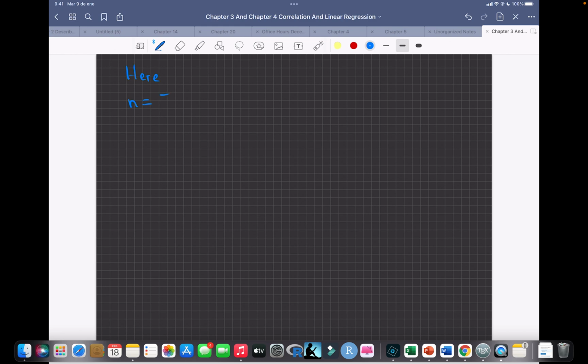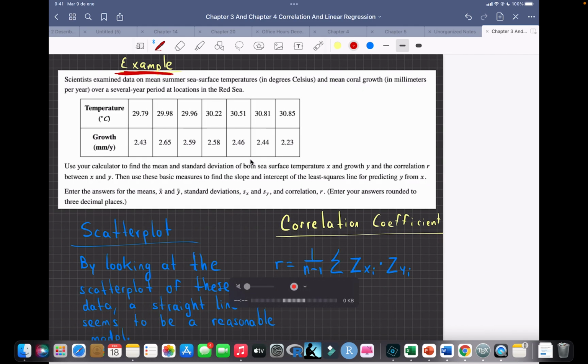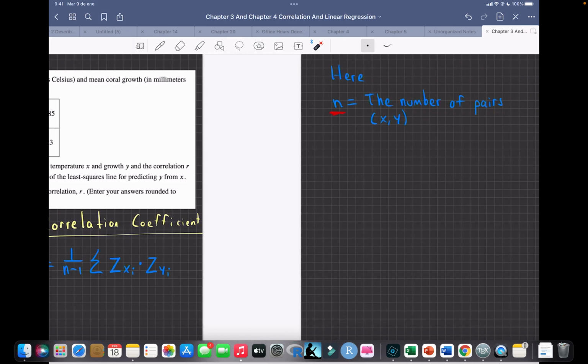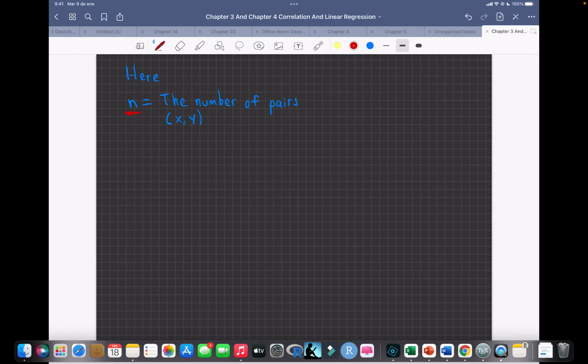N is the number of pairs X, Y. Do not think that N is going to be the total number of values. No, it's going to be the number of pairs X and Y, or in this case, temperature and growth. So we have 1, 2, 3, 4, 5, 6, 7. In this case, it's going to be the number of columns. So N is going to be equal to 7 only in this case. But in general, that is N.